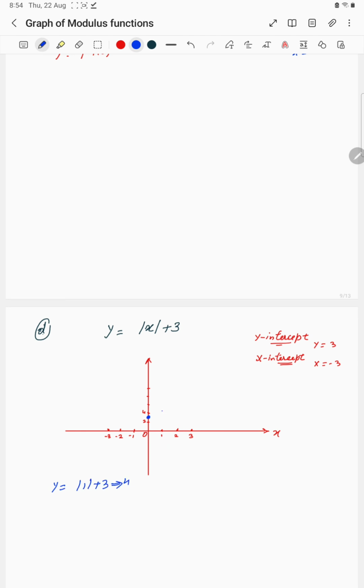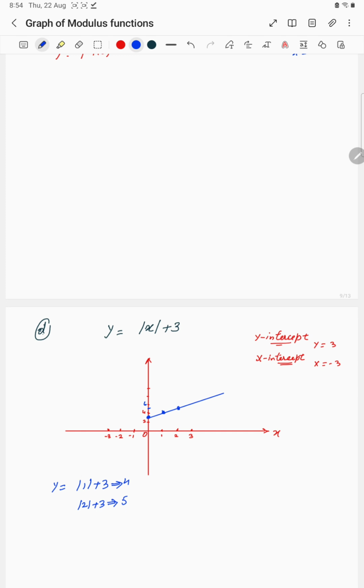So it will be 4 here. When it is 2, 2 plus 3, it will be 5. So for 2, it will be 5 here. So your line will proceed like this.